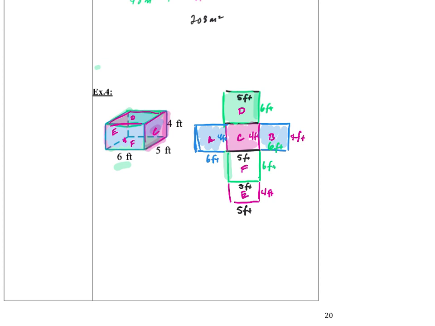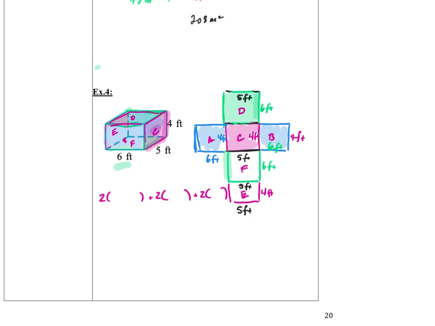Now what I'm doing now is adding them. So you could go ahead and do all 6 shapes. You could do it the way we talked about, where we just set up our 2 faces plus our top and bottom plus the 2 sides, right? And then figure out their measures.